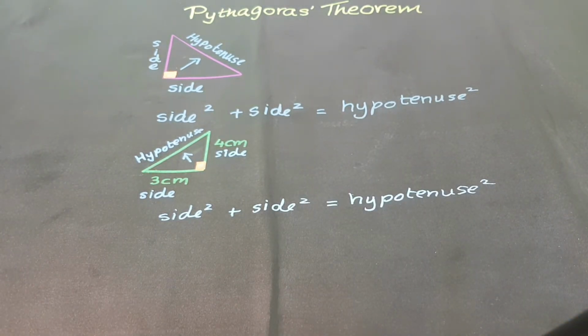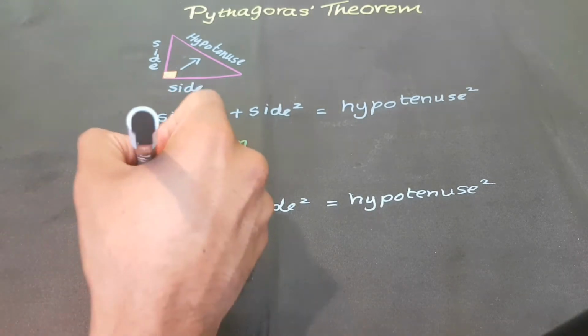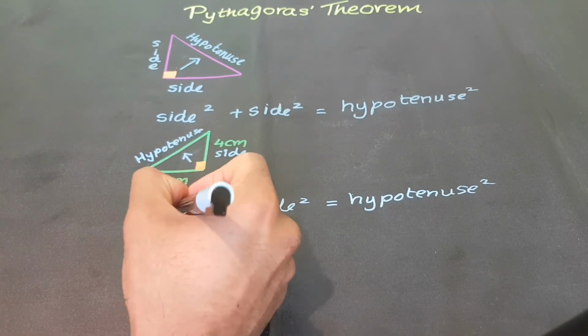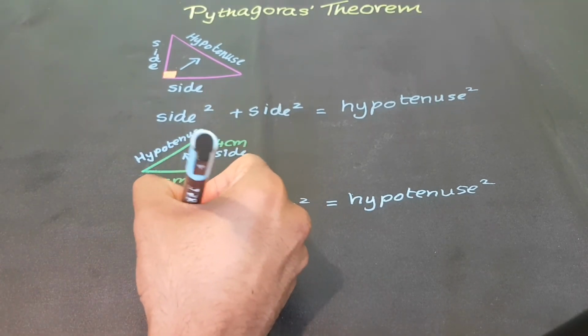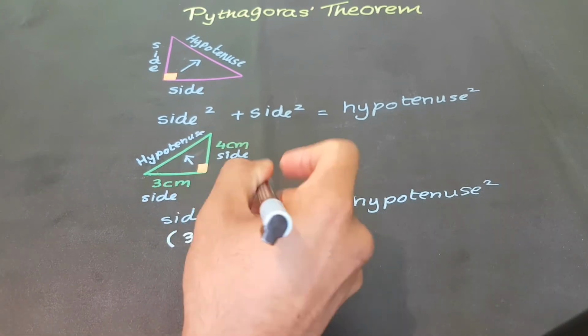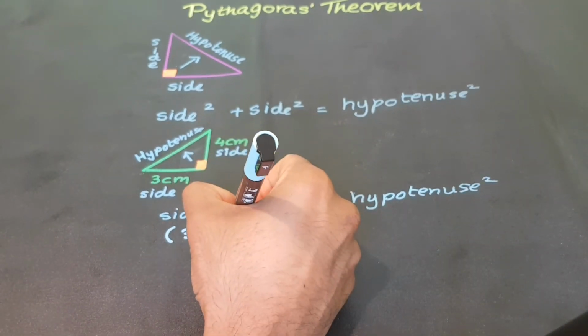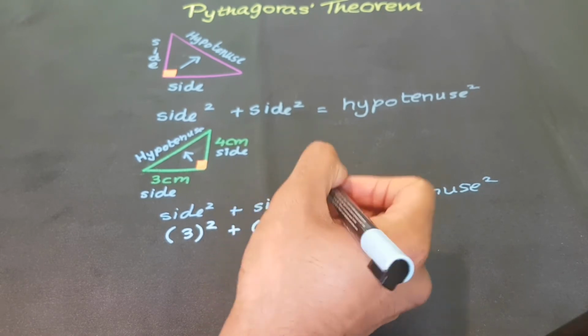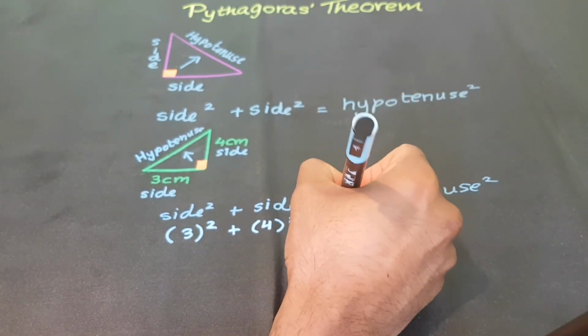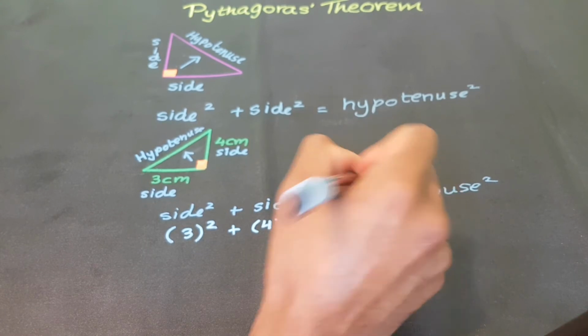Whenever I'm going to substitute any values, make sure that they're in brackets. So I'm going to substitute the length of the first side, 3 centimeters, in brackets here, and square it. And then I'm going to do the same for the other one, 4 squared. And I'm going to call my hypotenuse h, so I'll call it h squared.